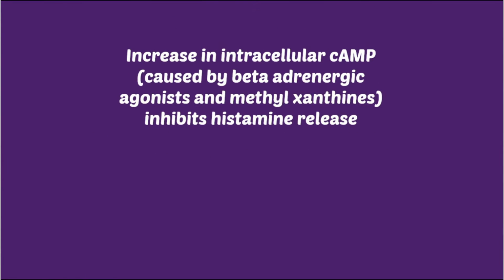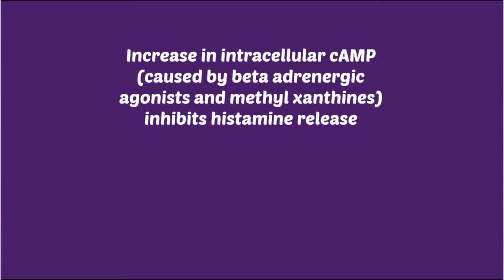Moving on, an increase in intracellular cyclic AMP inhibits histamine release. Cyclic AMP is increased by many reactions or drugs inside the cell. For example, beta adrenergic agonists may increase cyclic AMP inside the cell.